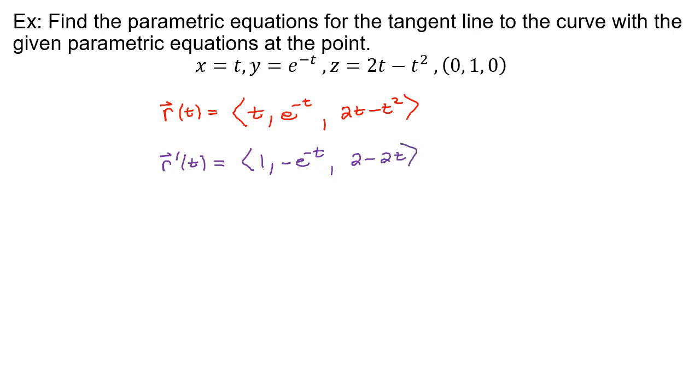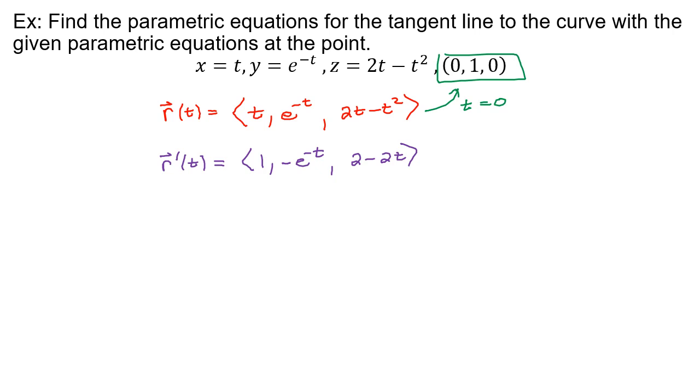But I need to know a t value that I use to plug in to get that 0, 1, 0. So using this point up here, what t value went from here to there? And this one's fairly obvious, hopefully: if you have a t for that first component and the 0 for the first part, it's probably that t was 0. And if you did e to the 0, you get 1, and 0 minus 0, 0.